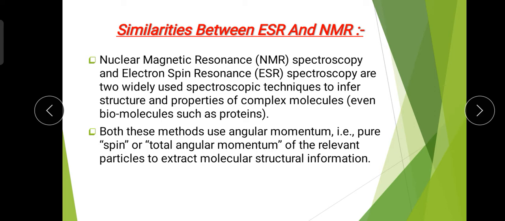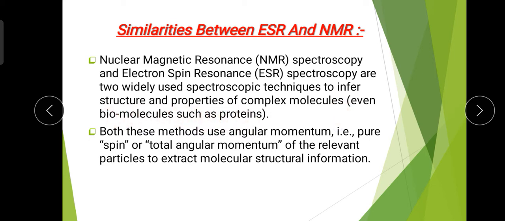Now, what are the similarities between ESR spectroscopy and NMR spectroscopy? Nuclear magnetic resonance, that is NMR spectroscopy, and electron spin resonance, that is ESR spectroscopy, are two widely used spectroscopic techniques to infer the structure and properties of complex molecules, even biomolecules such as proteins.